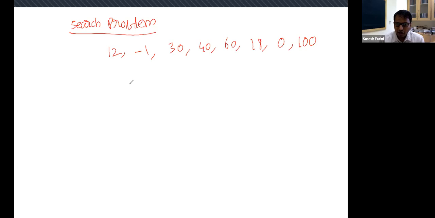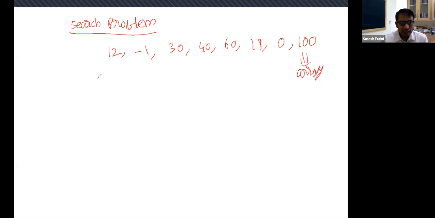How can we store this list of numbers? We can store it in an array. The data structure used to store a list of numbers is an array. We can store this whole structure in an array.